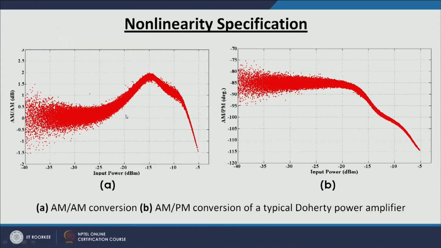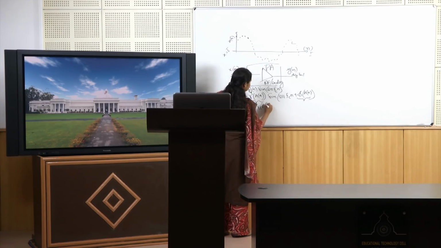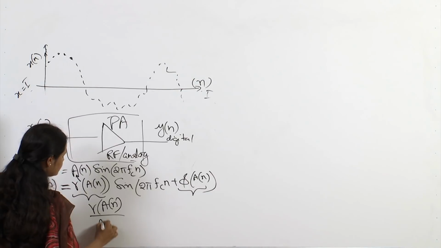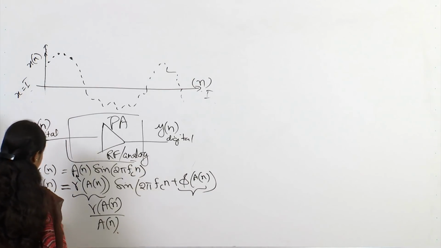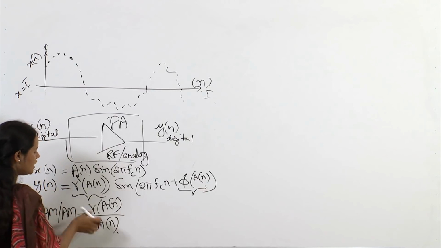When we look at this first diagram, showing AM/AM or amplitude to amplitude modulation, we are increasing the input power, and AM/AM is simply R_n upon A_n.